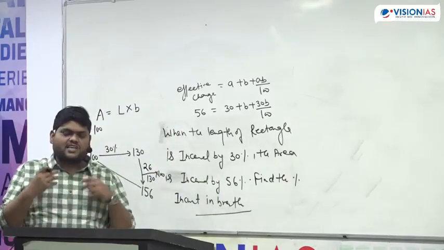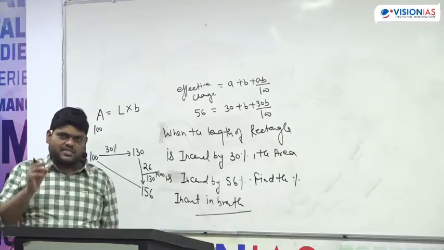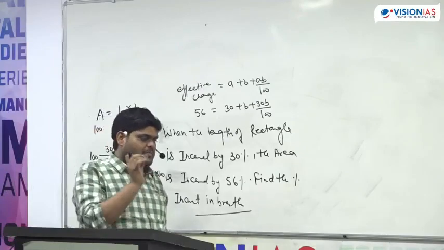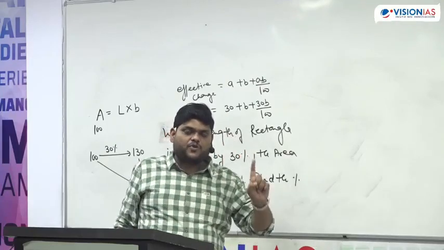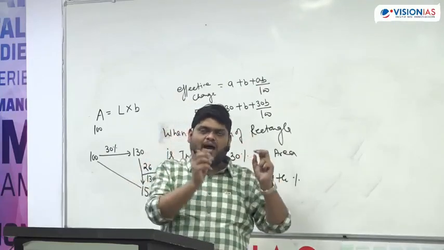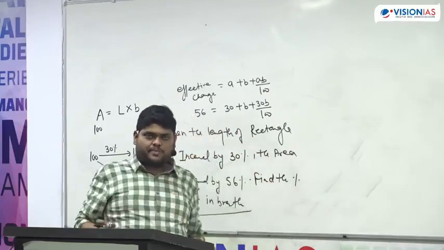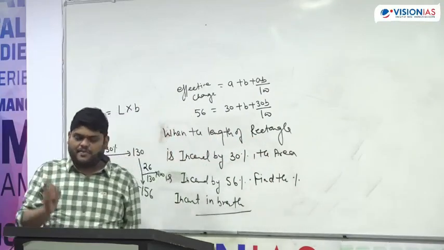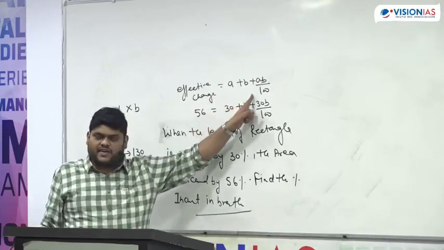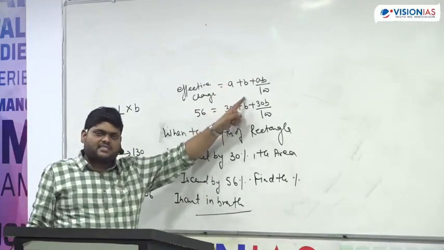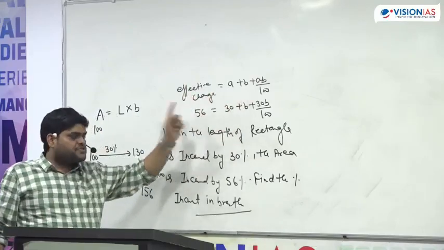When you practice some questions, the best way to approach mathematics is first visualize the concept. You have to make a mental map of a particular concept. Whenever I am taking a concept, just make a mental map of that: which value is given, whether A is given, B is given, or effective change is given.